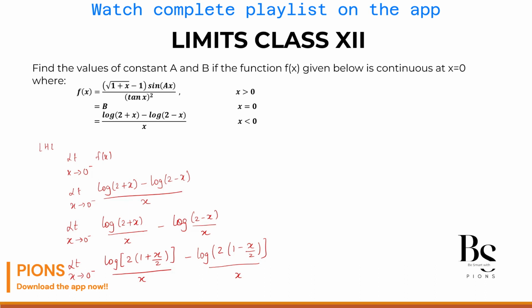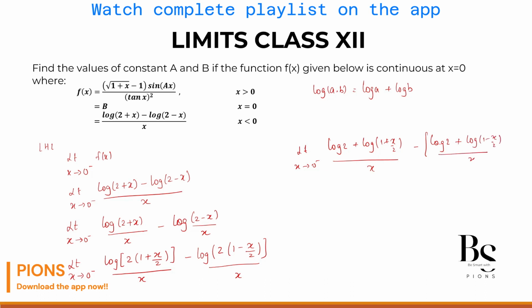Now we will make use of a very famous identity: log of a into b. If two numbers are multiplied here, then it will simply be log of a plus log of b. So let's use this identity and write here, limit x tending to 0 negative, log of 2 plus log of 1 plus x by 2, now whole divided by x, minus log of 2, I am keeping a bracket to avoid mistakes, plus log of 1 minus x by 2, whole divided by x.